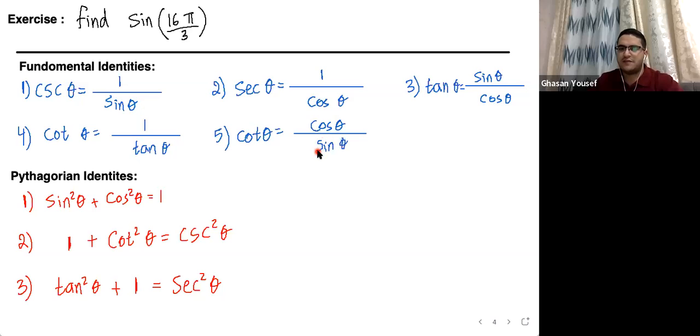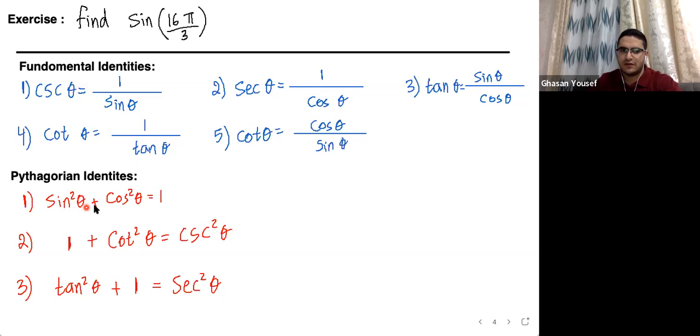Sometimes you will also use sine square plus cosine square equals 1. If, for example, I give you the value of sine and I ask you for the value of the cosine, you should use this identity.